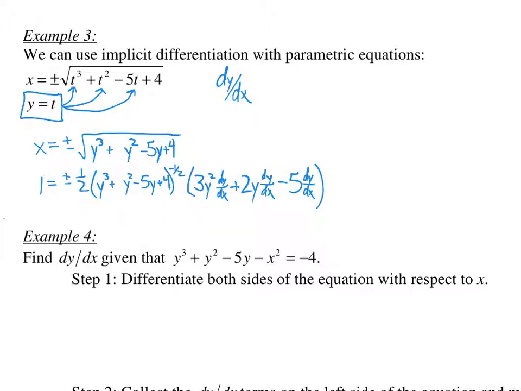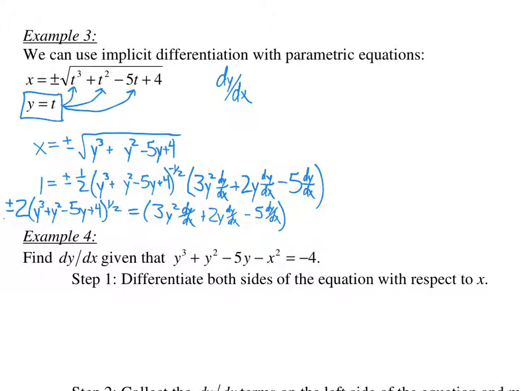So I would have plus or minus 2 times y cubed plus y squared minus 5y plus 4 to the positive 1/2 equals 3y squared dy/dx plus 2y dy/dx minus 5 dy/dx. Why is it a positive 1/2?